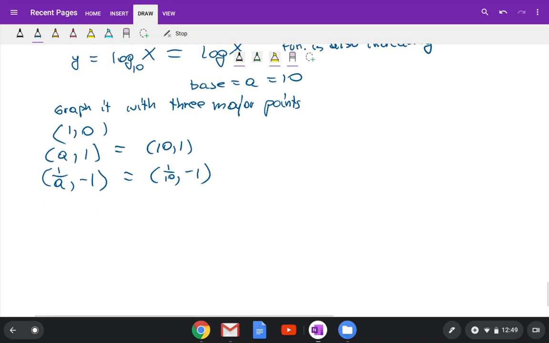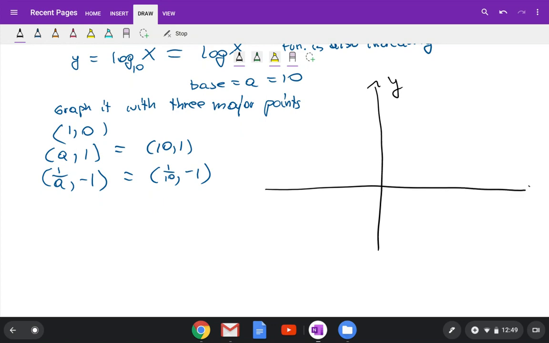Let's graph this function so you can see how it behaves.